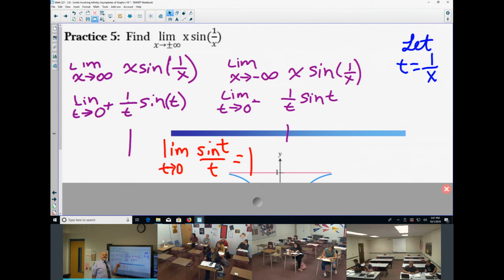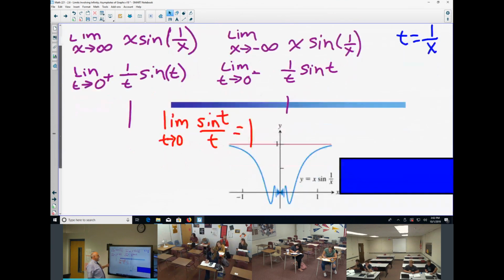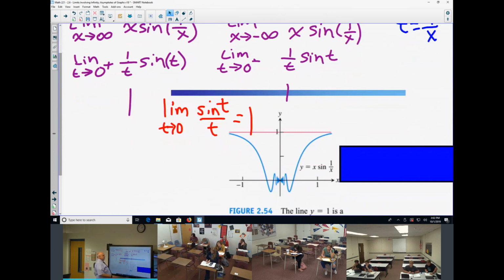And that is the one limit I asked you to memorize, that answer is 1. So what is happening here is, here's this crazy function, but as x is approaching infinity or negative infinity, the y value approaches 1.